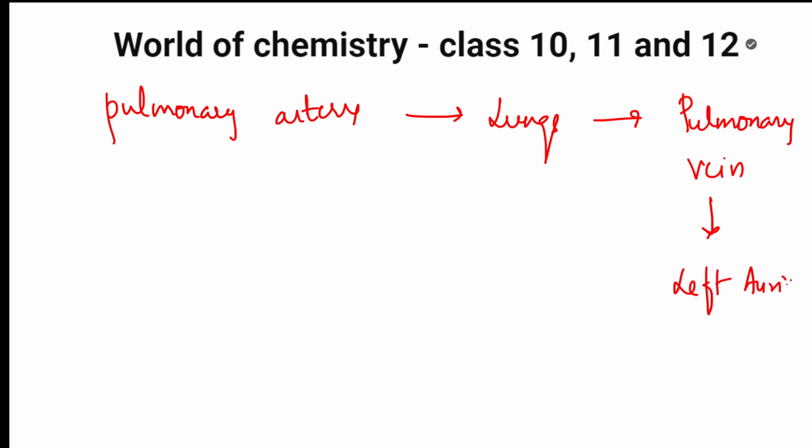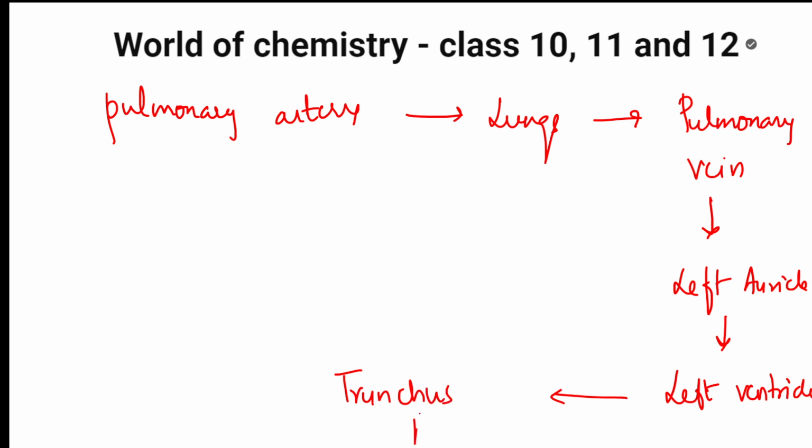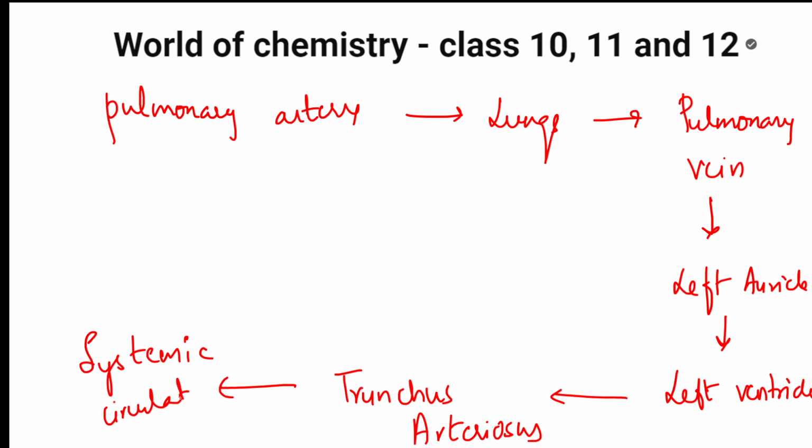After the left auricle it is the left ventricle. From the left ventricle, it enters the truncus arteriosus. From there, it goes to systemic circulation of blood.